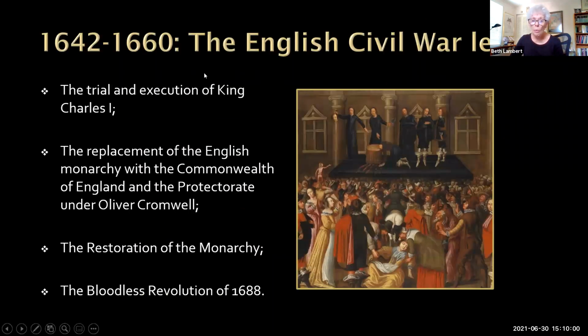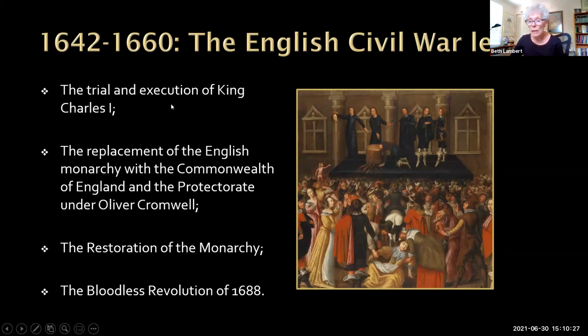The English Civil War, and you've probably seen images and so on of the Cavaliers and the Puritans. The reason King Charles I was brought to trial and execution is that Cromwell and the military took over Parliament after the king refused to call Parliament for 11 years.